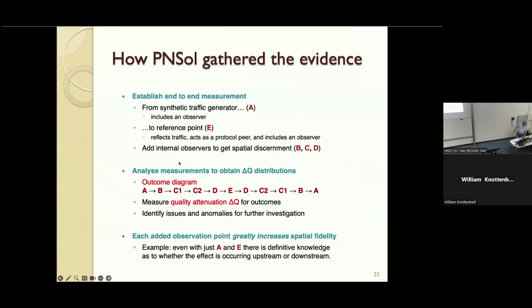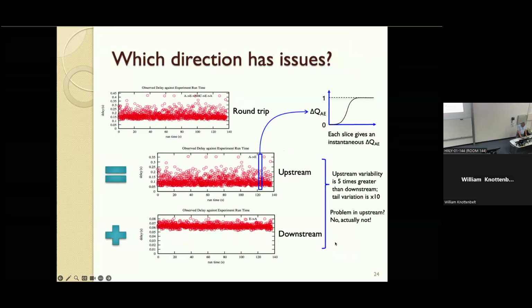You have the causal connection going from A, B, C1, C2, D, E, and then back D, C2, C1, B to A to the other user. For each of these little arrows, you can measure the delay and failure probability, the quality attenuation, okay? With all these points, you get a lot of spatial fidelity, and this was enough for diagnosing the system, okay?